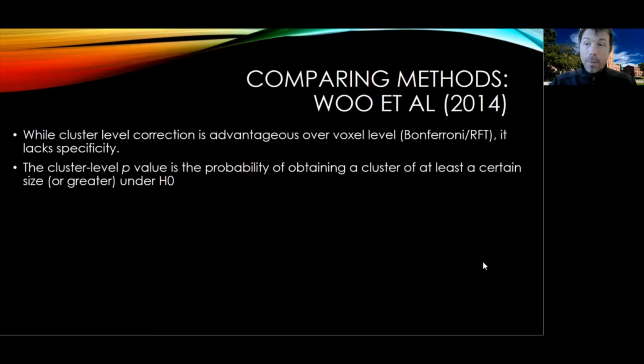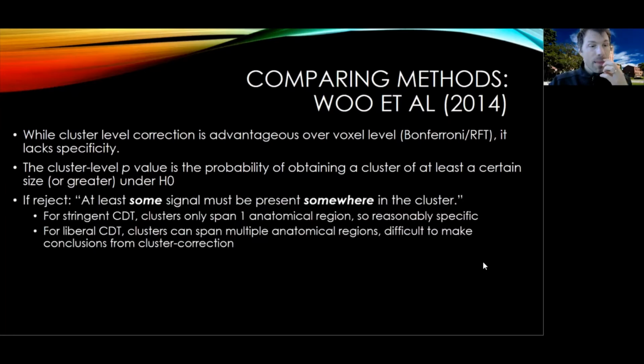So this means that when you reject the null, what you're actually saying is that there must be at least some signal present somewhere in that cluster. It's not a very specific claim. You don't know which voxels exactly inside this cluster are the significant ones.